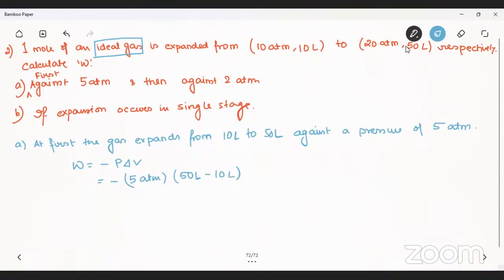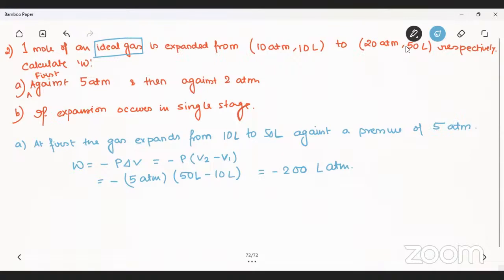Is this part clear? So what will this be? 100 liter atm. You can ask me, ma'am, why did you use this formula, minus P times V2 minus V1? This is the same as minus P delta V. We represent it with delta so as not to write this out. Because a constant external pressure is given. If constant pressure is given, then you have to understand it is an irreversible process.